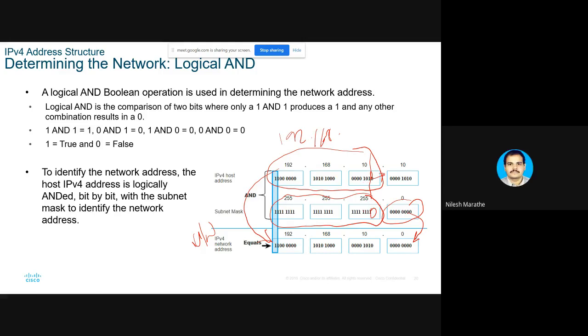Is it 9? It is 10 only, right? It will remain 10. It is a network ID. This will become a network. This itself becomes a network, the 10 series here. There won't be much difference here.